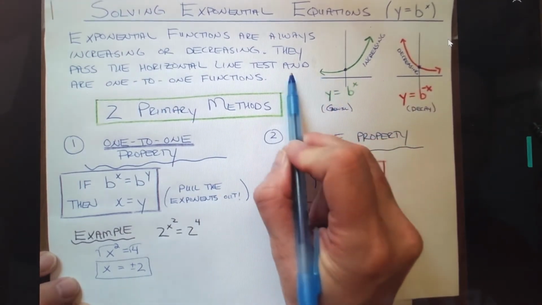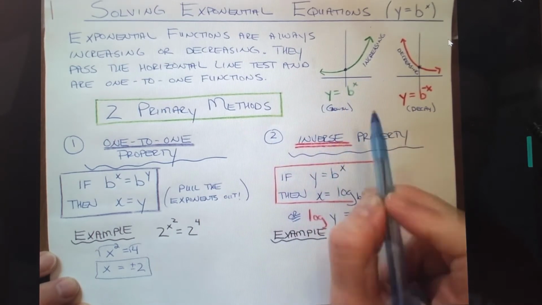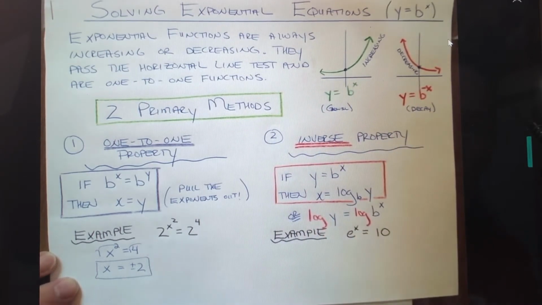X can go all the way from negative infinity to positive infinity in either case. And so when I choose to check these answers, I'm not checking whether they're legal. I'm just checking to make sure that I didn't make an algebra mistake. That is not the case when we get to the counterpart, when we try to solve log equations. We do have domain restrictions in those cases.